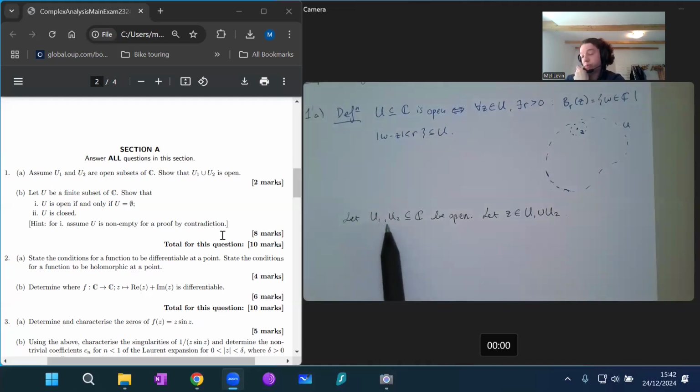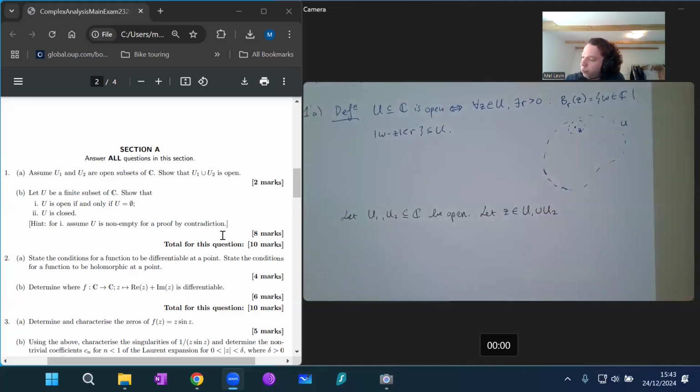Well, we know U1 and U2 are open, so if Z is in one of these, then we can find a ball around it which is contained within U1 or U2, whatever it may be. And if it's contained in U1 or U2, then it's contained in the union.